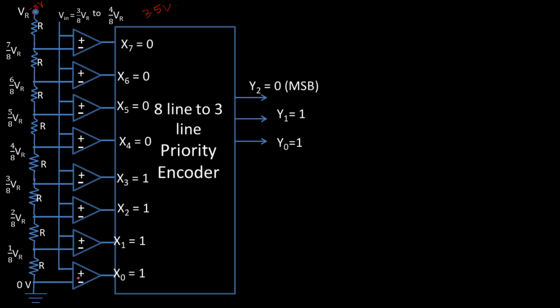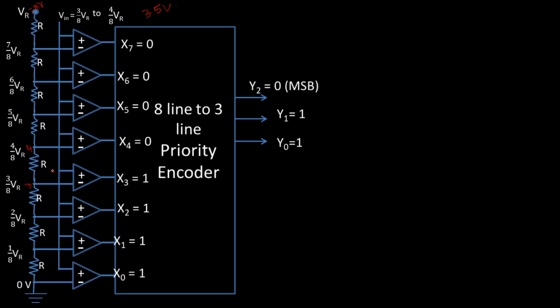Here this reference voltage is 3 for this op amp, and for this op amp the reference voltage is 4 volts and the input voltage is 3.5.